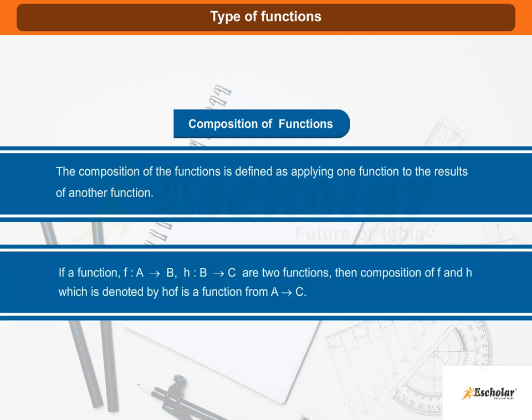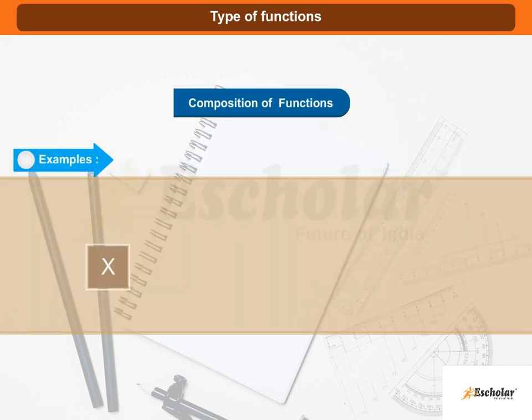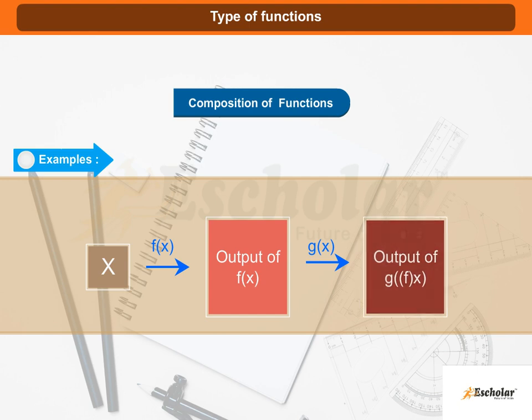If f is a function from A to B and h is a function from B to C, then the composition of f and h, denoted by h o f, is a function from A to C. Finally, we can write h o f of x is equal to h of f of x for all x belonging to A. For example, in the given example, x is fed as an input on which function f acts, and the output f of x is fed to the input on which the function g acts, which finally gives us g of f of x.